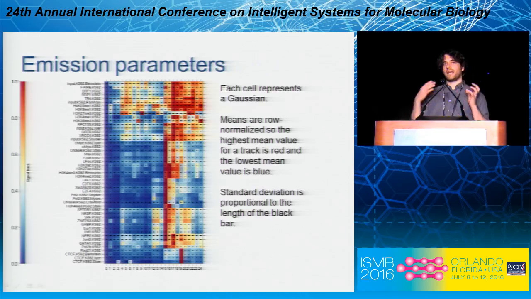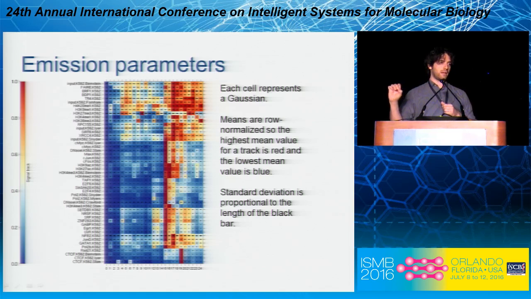So in the end, after running the training mode of Segway, we get a set of emission parameters. All right, so this matrix shows all of the emission parameters. It's a matrix of 25 patterns along the x-axis times 49 different data sets. All right, and everything is row normalized. So any row where you have the reddest value, that indicates the highest mean that has been learned.